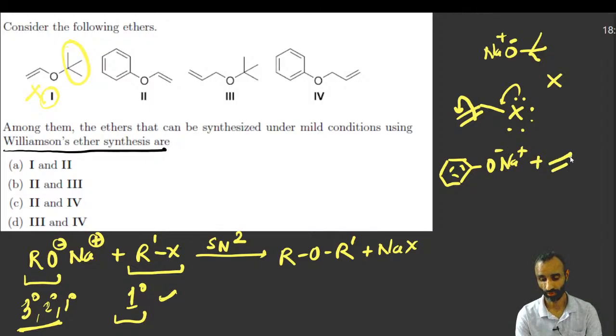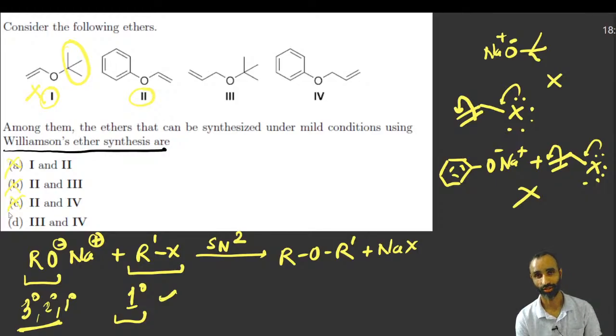So the other will again be a vinyl halide. Again there is double bond character. So that means first and second cannot be the right options. So we are left with third and fourth. So only third and fourth is the right option.